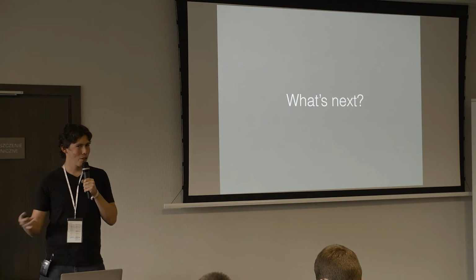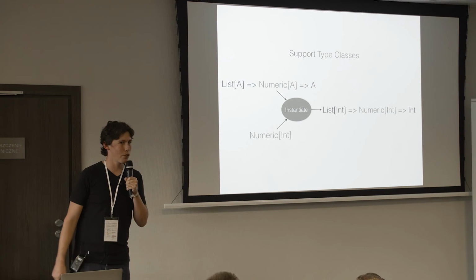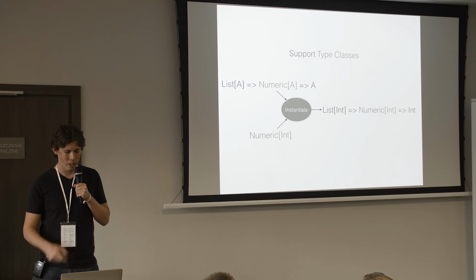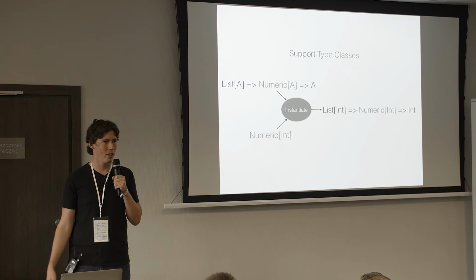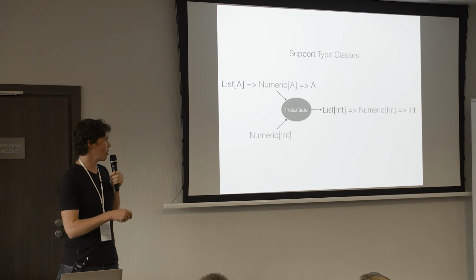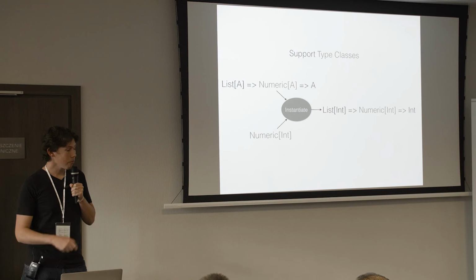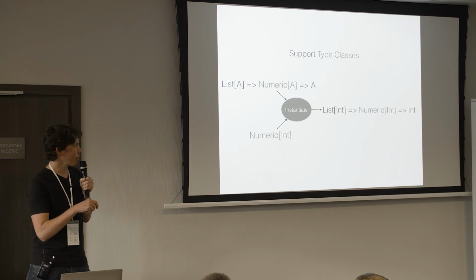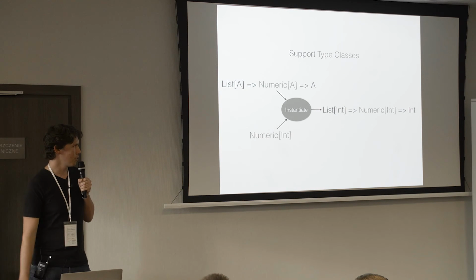And this is a good transition to what's next, because this is what I'm currently working on. The idea is to create synthetic values in the index that instantiate, so I call it instantiation, all values that use an implicit parameter that is a type class, with all available type classes.